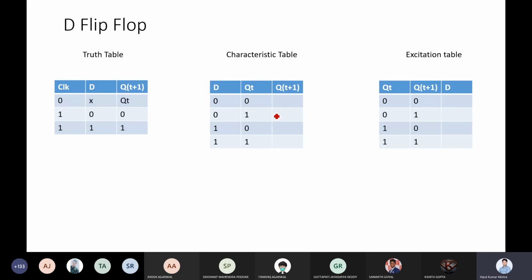Once you're done, inform me. Remember, you have to consider only this for making the characteristic table, only when clock is high.